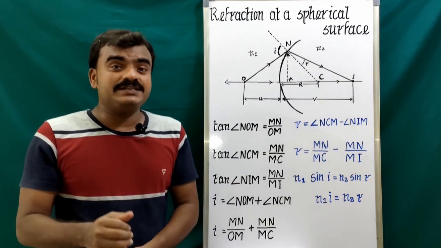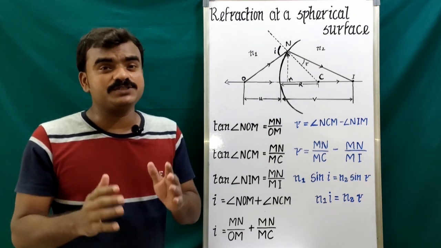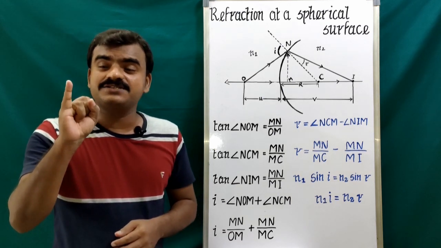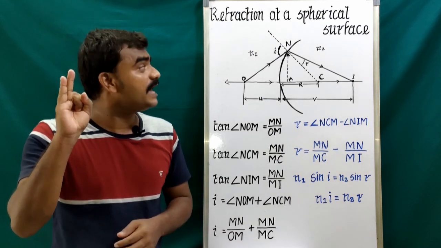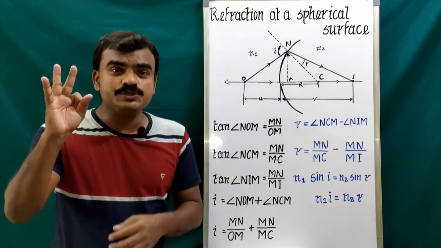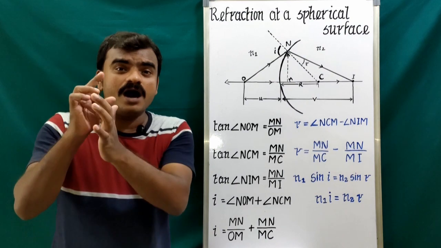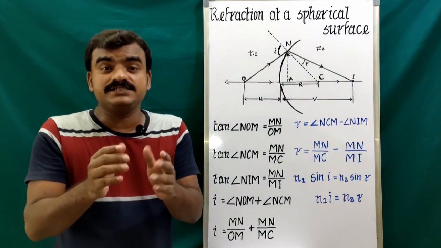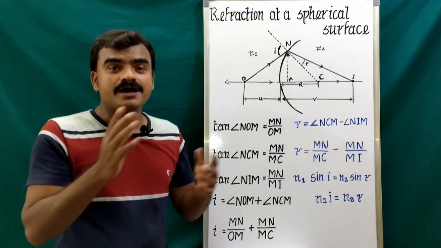How? For this we need three steps. The first one, finding I value, the angle of incidence. Next, finding R value, the angle of refraction. And third, Snell's law. If we substitute I value and R value in Snell's law, we can obtain the relationship between U, V, R.